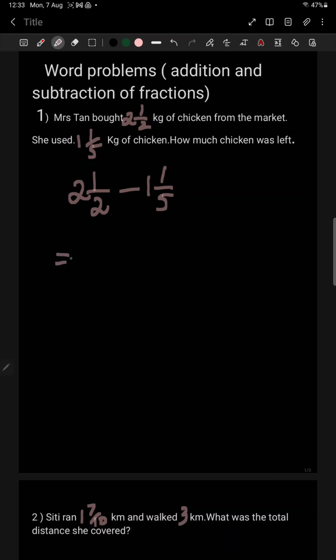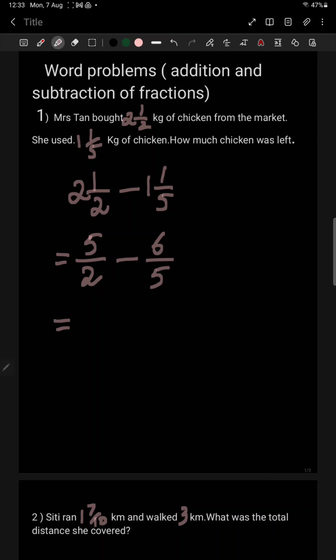Now we will use the subtraction method of the mixed numbers. First of all, we will convert this mixed number into the improper fraction. 2 2s are 4 plus 1, 5/2, minus 5 1s are 5 plus 1, 6/5. Now to subtract the two fractions, we need to make the denominator same.